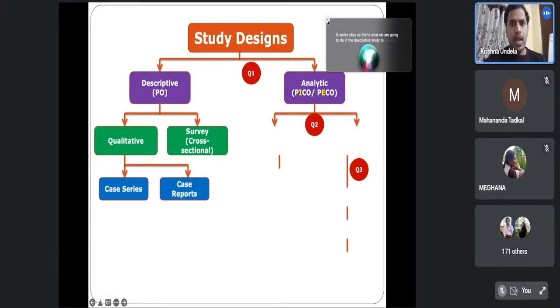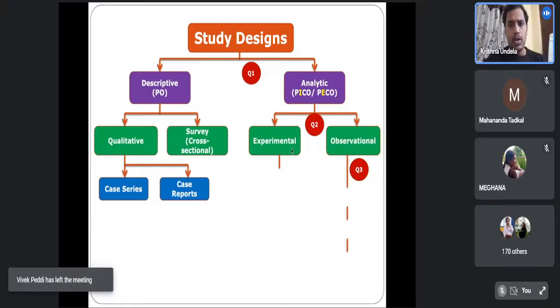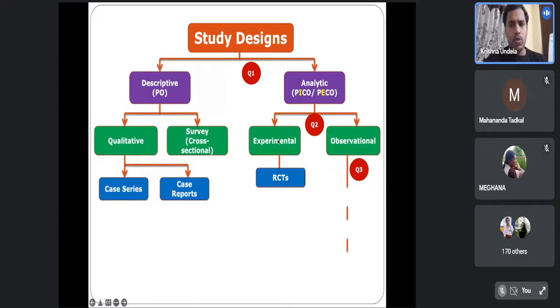And coming to the analytical. In the name itself, we have a meaning: we are going to perform some analysis here. As we discussed already, we have two important study designs: experimental and observational, right? Experimental, because we are doing the experiment, trying to understand the effect of a new medication compared to the existing one or maybe the placebo.